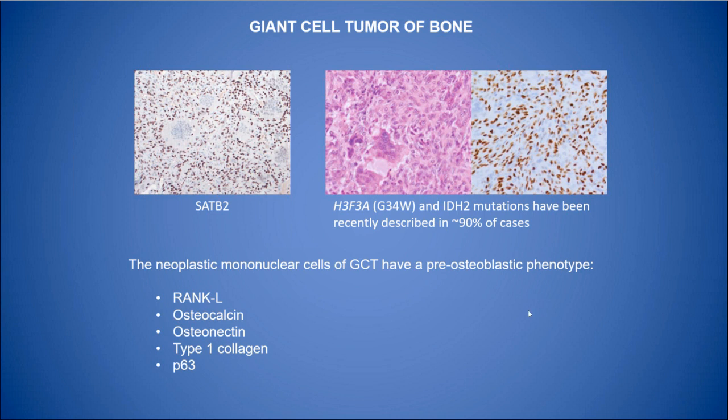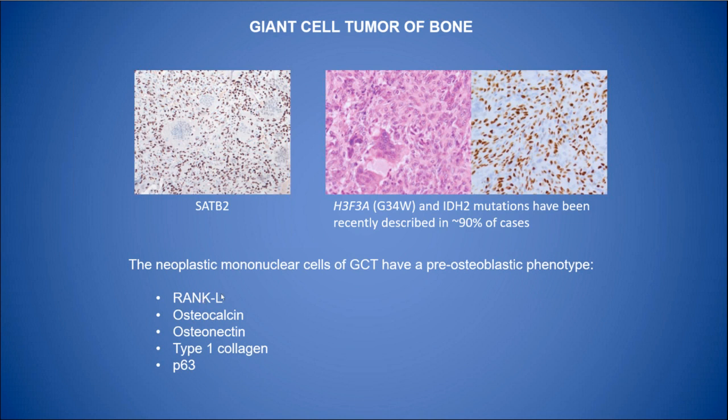So, like I mentioned before, that osteoblastic or pre-osteoblastic phenotype of giant cell tumor is characterized by positivity for many markers like osteocalcin, osteonectin, and type 1 collagen, which are characteristic of osteoblasts. RANK ligand is an important positive marker in giant cell tumor of bone, because this ligand is present on the surface of the pre-osteoblast and actually is the one that induces osteoclastogenesis.